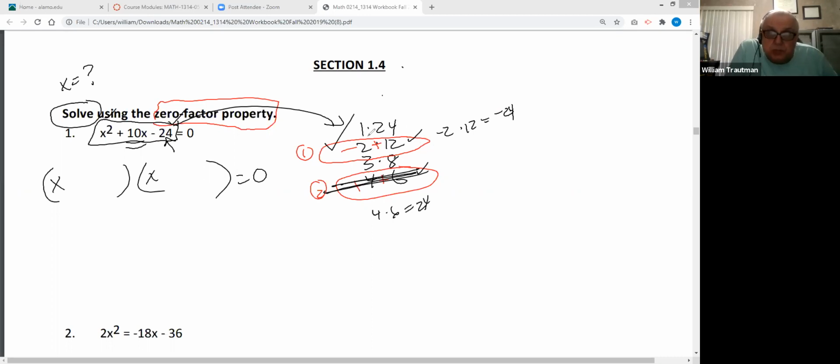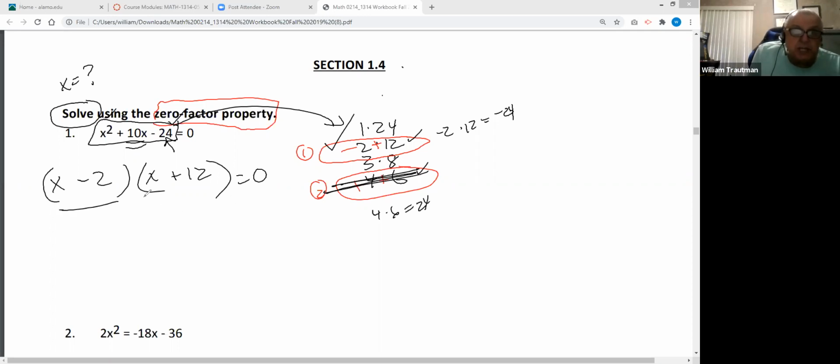When you add or subtract them, it equals the middle term plus 10. So minus 2 and plus 12 are the answer for this one, number 1. Okay? Everybody see that? Don't forget, there's some problems where they get 2 possible answers. You have to multiply them together and see if they equal the last term. They add or subtract to equal the middle term, but they multiply to equal the last term.